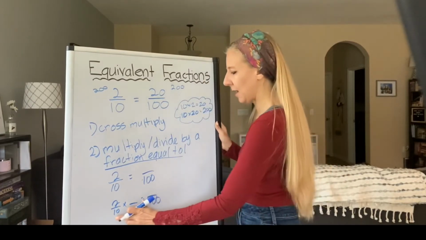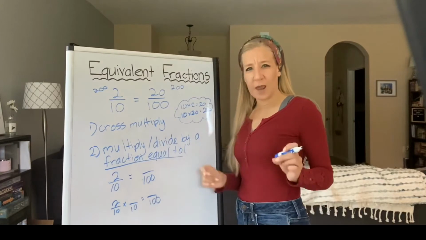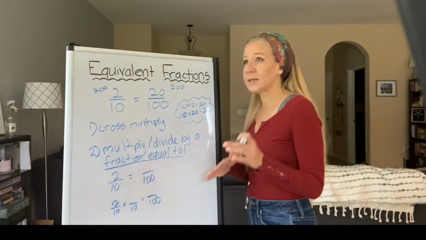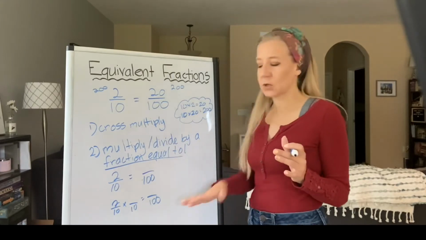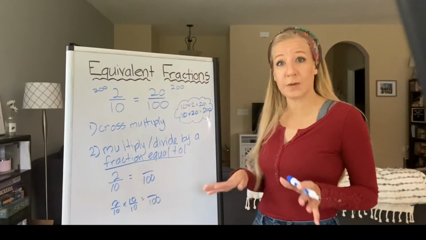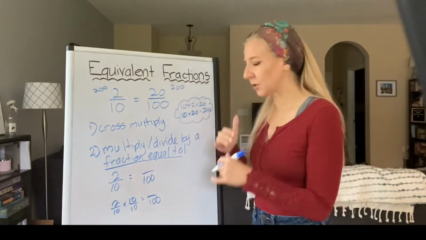Well, I know that 10 times 10 equals 100. And what is a fraction equal to 1? A fraction equal to 1 means that it's the same number top and bottom. So 10 tenths, 10 pieces out of 10 pieces would be equal to 1. 5 over 5, 12 over 12. The same number top and bottom.